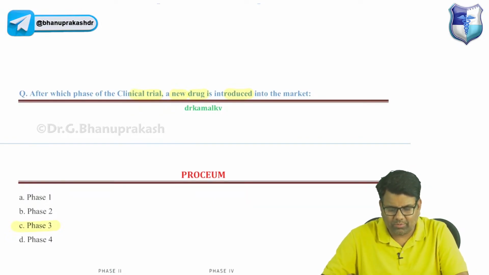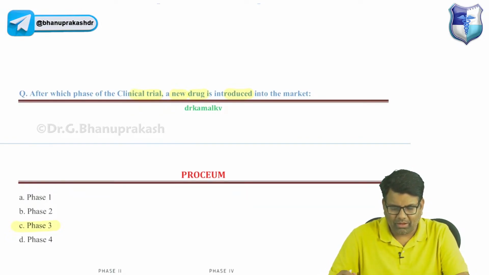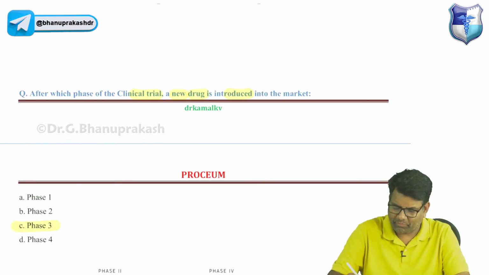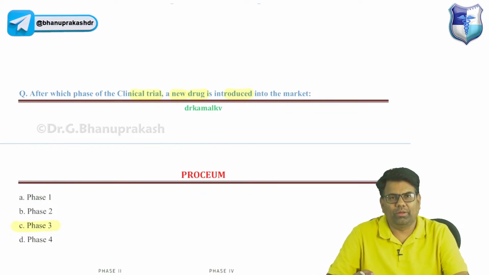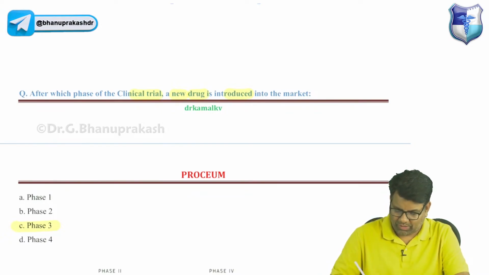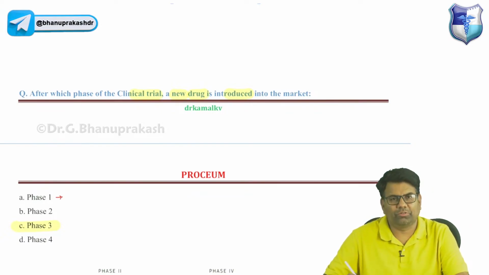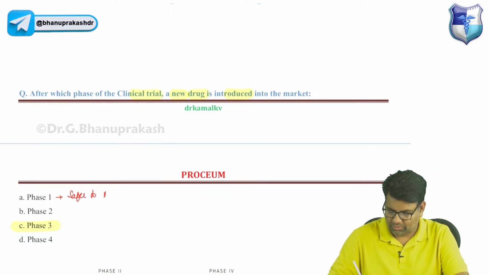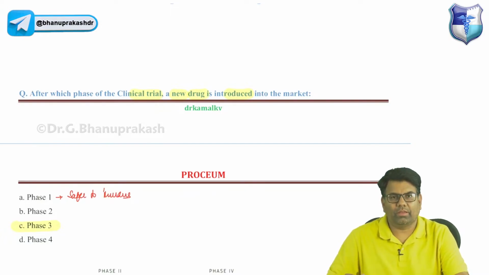Now phase 1. What is phase 1? Phase 1 is about human safety. Whatever drug we are planning to introduce into the market, it should be safe. So it's about human safety.